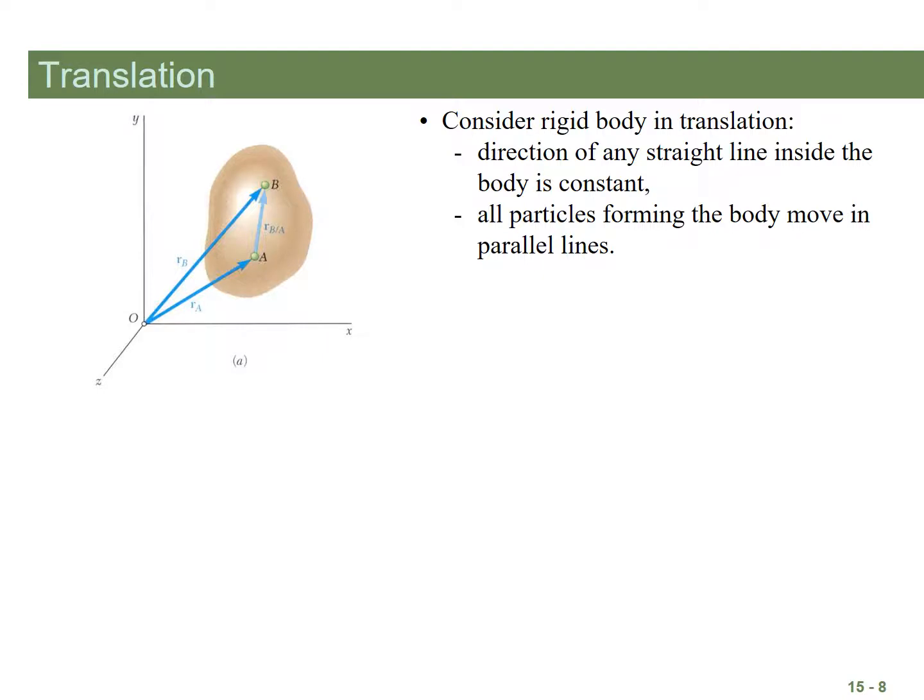Okay, so let's just walk around and consider some of these different types of motion. So we have some potato-ish looking blob of an object, and let's say we know what the velocity of point A on that object is, and we would like to know what the velocity of point B on that object is.